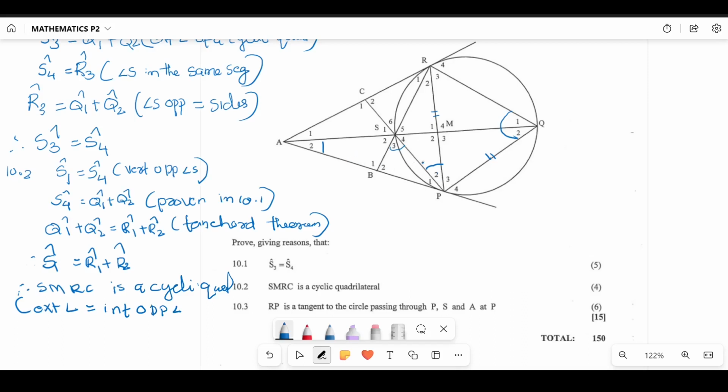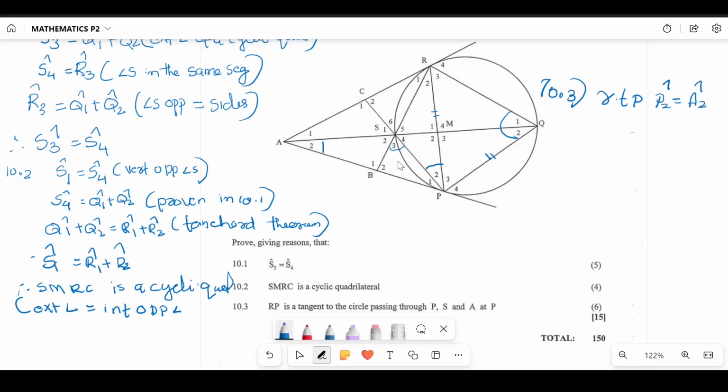Okay, so how can we prove that? To prove these two angles to be equal, that is the first thing we are going to write. 10.3. You are required to prove that P2 equal to A2.